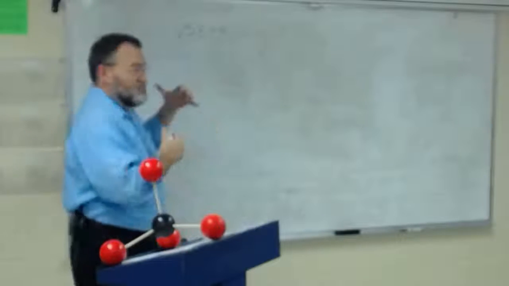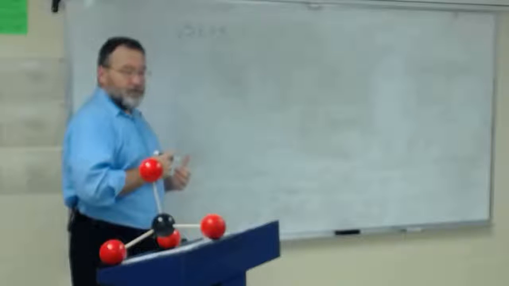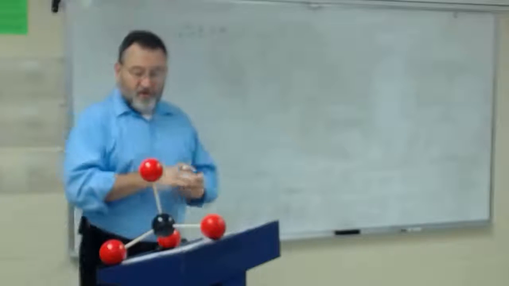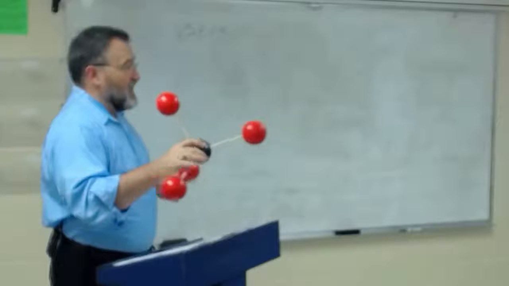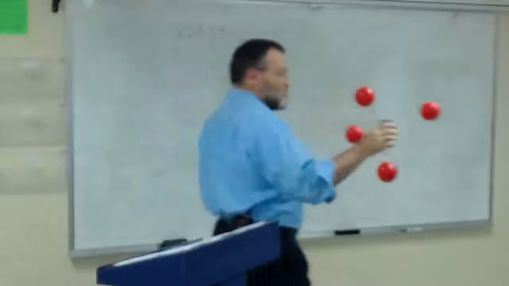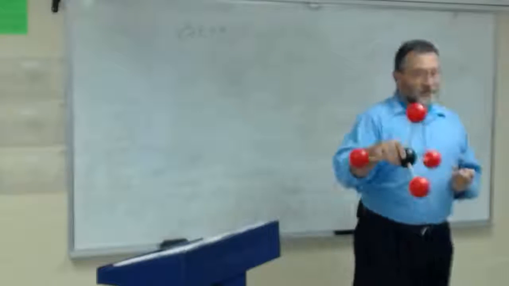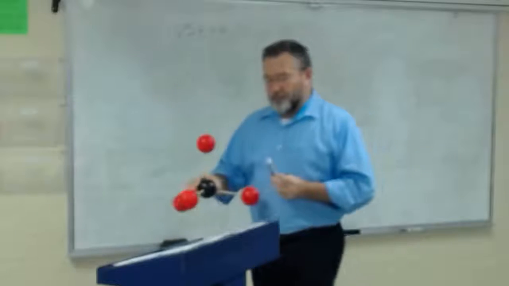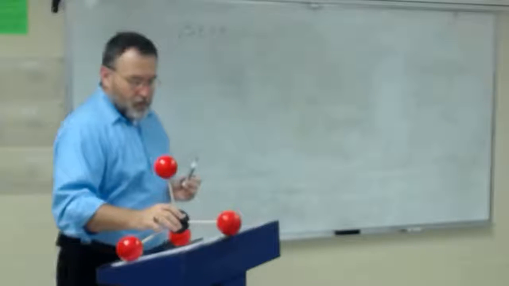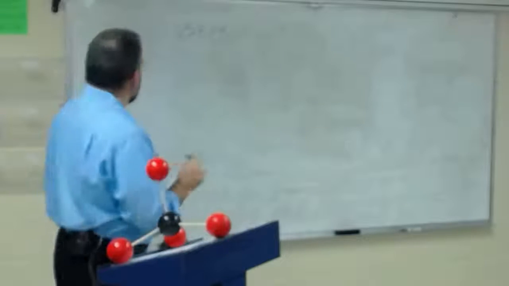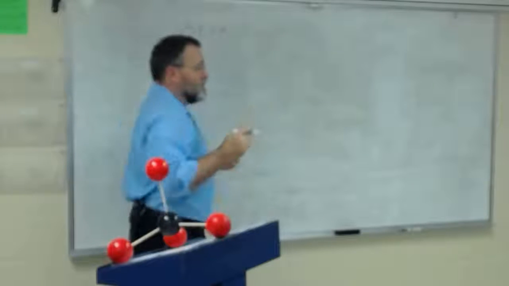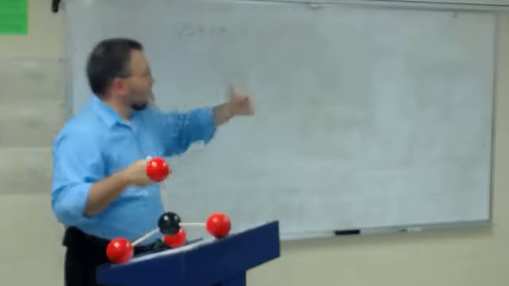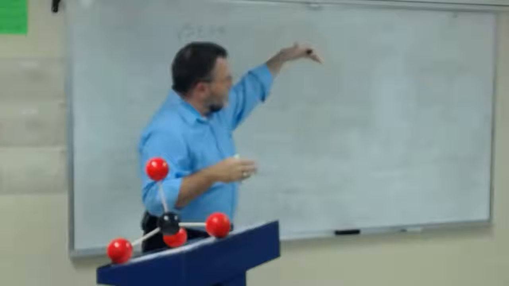We're going to learn in just a moment about a tetrahedron. Tetrahedron shape, it's this shape right here. It has a center atom and four attached atoms to the center atom to form a molecule.